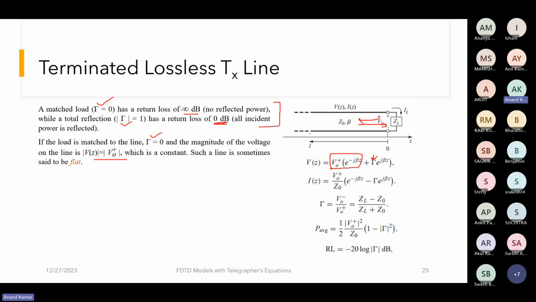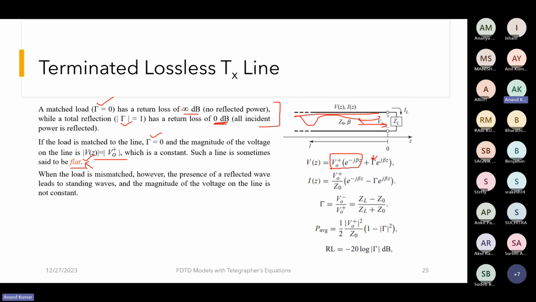So it means that the voltage throughout this transmission line will be constant, and there will be just a change in phase. This kind of transmission line is said to be flat. Just normal terminology. You probably won't come across this very often, depending upon which area you work in, but good to know.